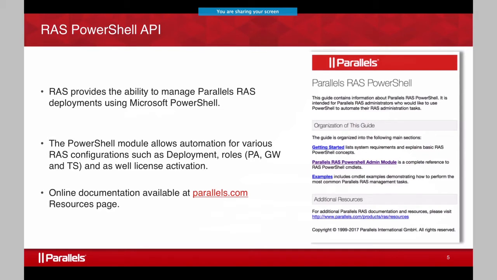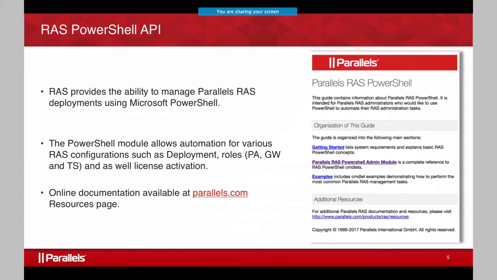In a nutshell, the ability to use PowerShell is very useful if you already use other products like SCCM, or if you're using Azure or even AWS, where you can combine your existing deployment rules and include Parallels Remote Application Server. What kind of use cases do we serve here?